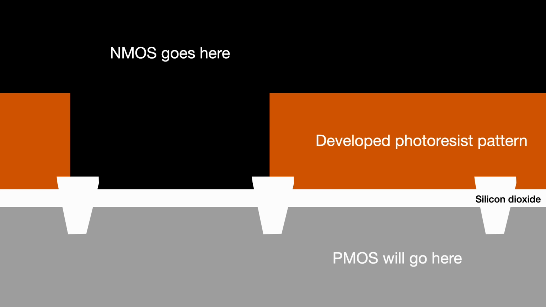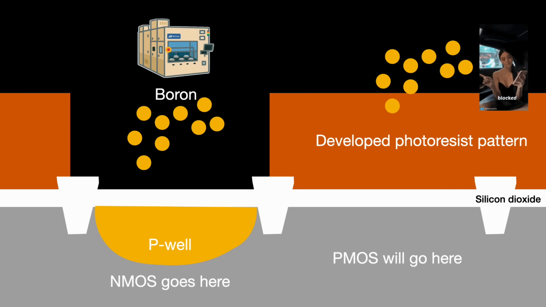Now we do the ion implantation and dope the exposed silicon. Boron atoms at a concentration of 10 to 100 quadrillion per square centimeter are fired at the silicon, embedding themselves a few hundred nanometers inside the lattice.